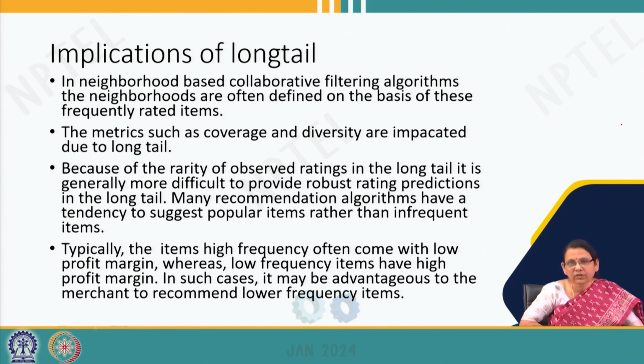So if those items are not recommended through the recommender system, it is not advantageous for the merchants. Of course, the number of items sold altogether might be more, but high valued items will be sold very little.